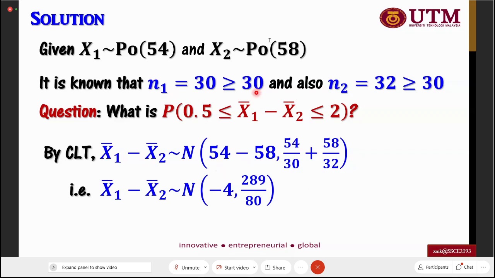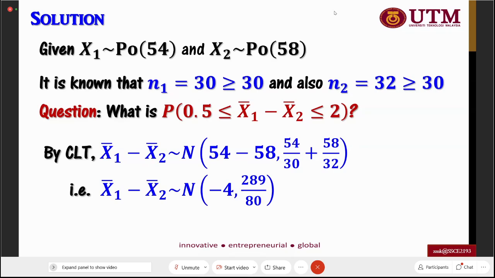So again, I would use these further simplified values, because then life will be much easier when you want to standardize later. You still haven't finished with this. What you need to do is standardize x bar 1 minus x bar 2. And remember, when you standardize, it has to be the value first, 0.5, minus the mean, which is negative 4.